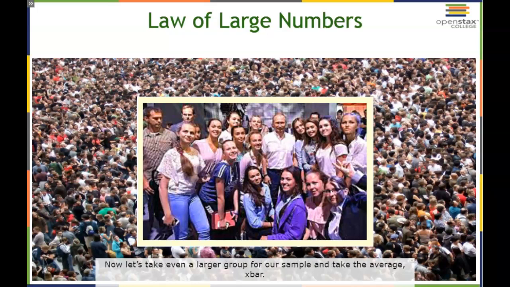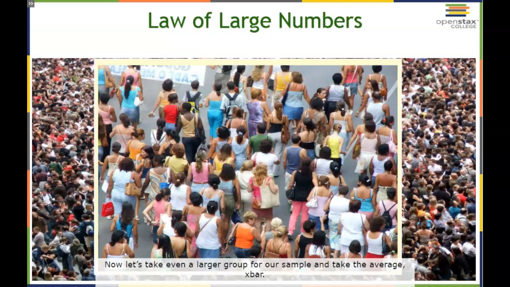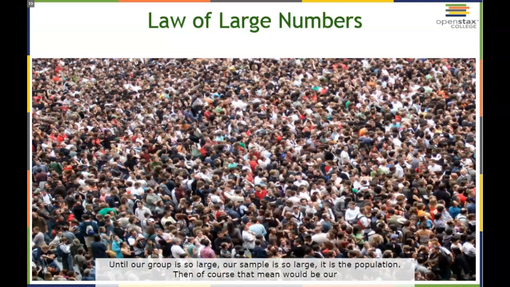Now let's take even a larger group for our sample and take the average X bar, the mean of their age, and it's getting closer and closer to the average of the actual population until our sample is so large, it is the population. Then of course that mean would be our mu, our mean for the population. If the sample size equals the population size, they're the same thing, and therefore their averages would be the same.